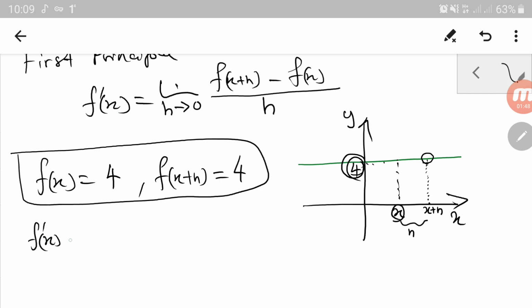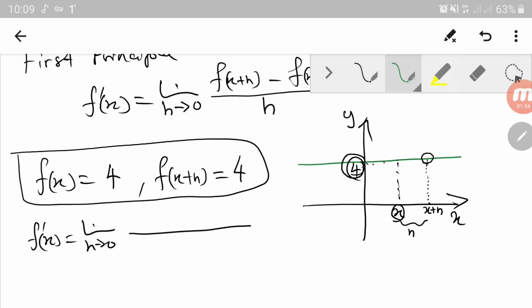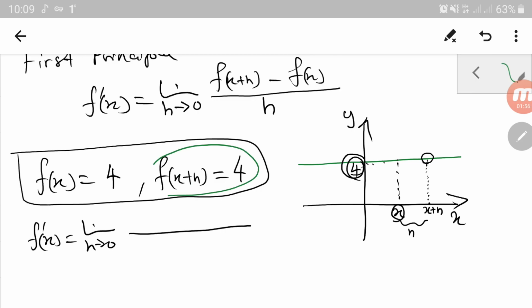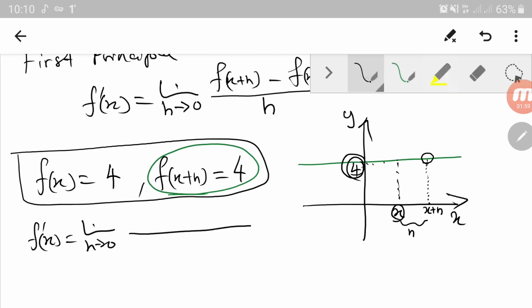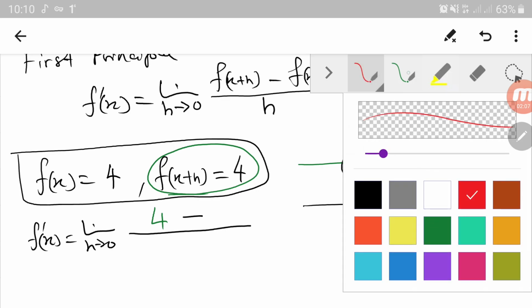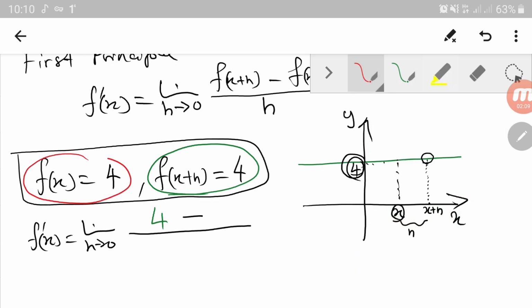So f prime equals limit h approaching 0. What is f(x plus h)? It's 4. Maybe use green color. And then minus f(x). Where is f(x)? f(x) is over here, 4, and then over h.